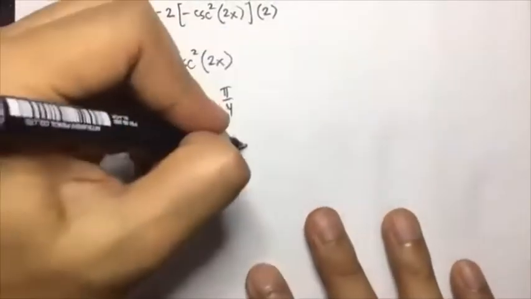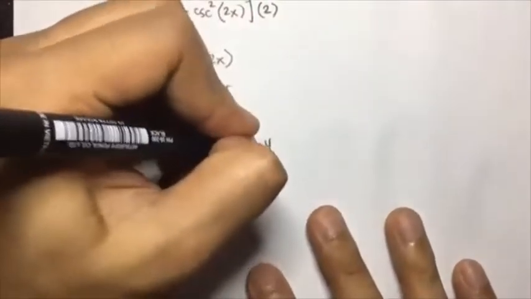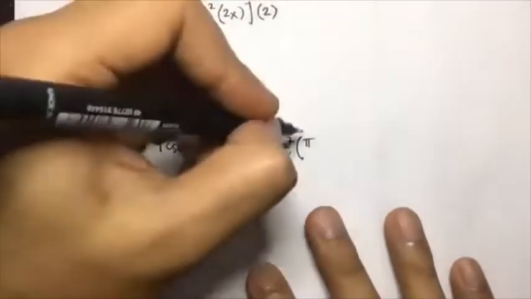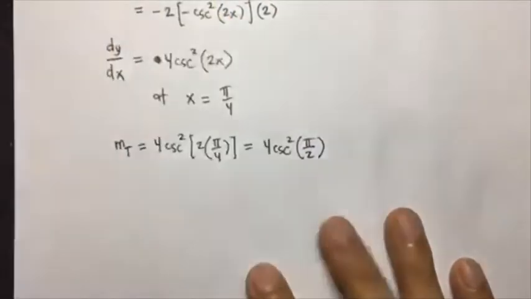So it will become 4 cosecant squared of pi over 2.